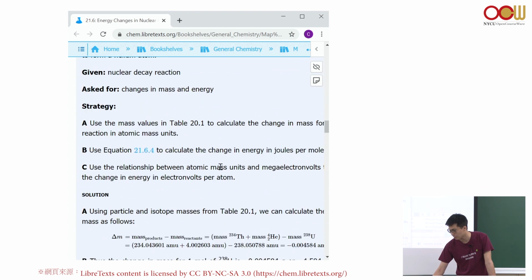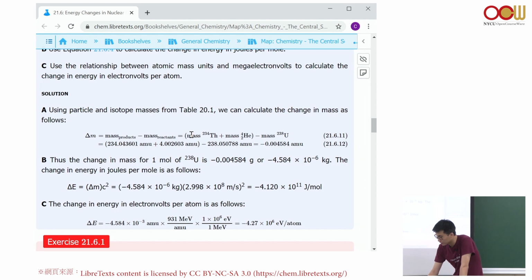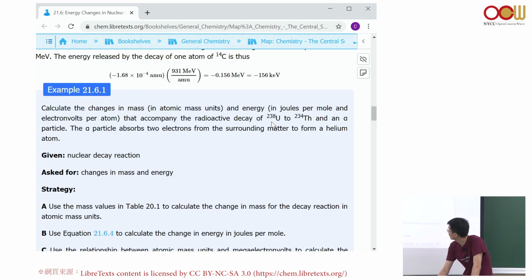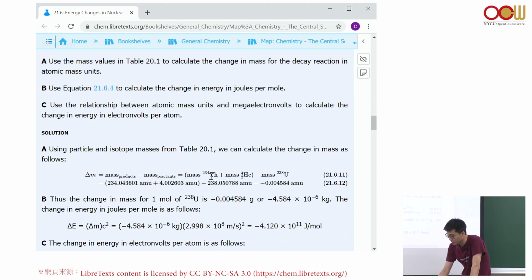Let's look at this sample problem. The material I use is a little different than the book, but in your book, it's the last section of this chapter. For example, if we look at the decay of uranium-238 to decompose into the 234 element Th, we use the equation.